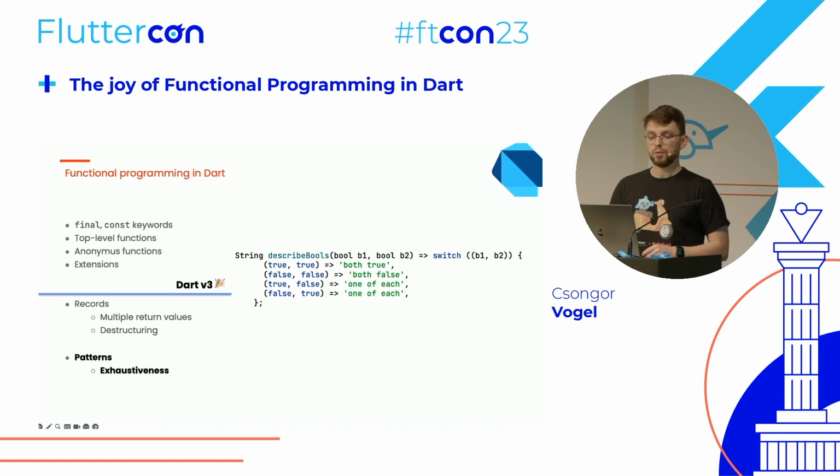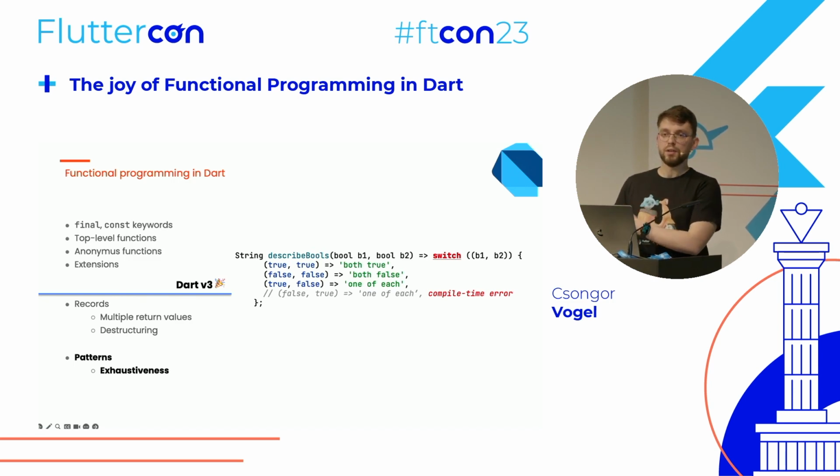For example, if you comment out the last option and the last case, then the exhaustiveness feature will help us detect these issues at compile time. One of the benefits of using pattern matching in functional programming is that we always ensure and force our colleagues as well to handle the cases and the return types of our implementations.